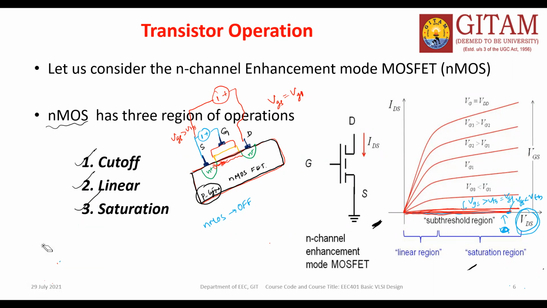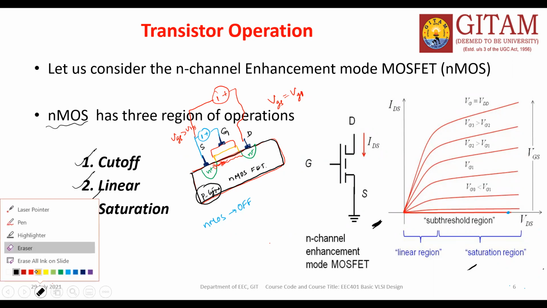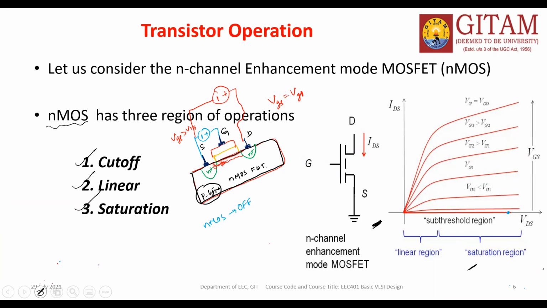Please remember carefully. When VGS is equal to VG1, which is greater than the threshold voltage of the transistor, now what I am going to do is change the VDS value from 0 to some fixed value, for example VDD.